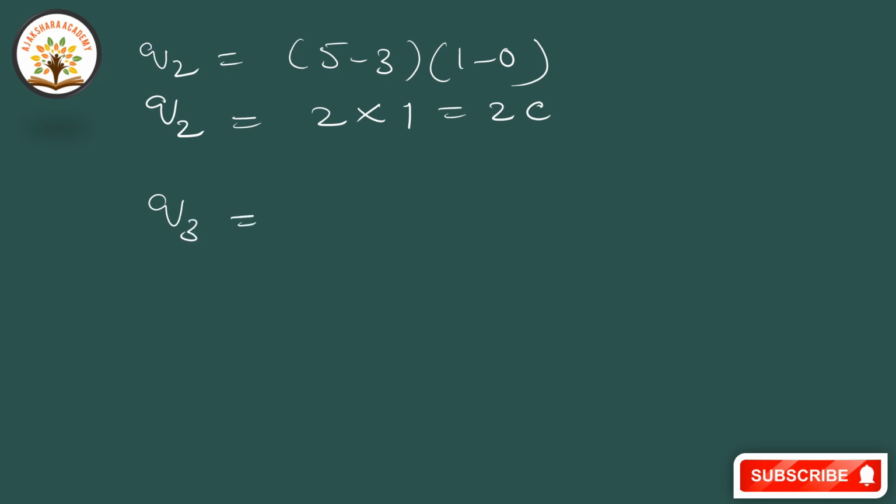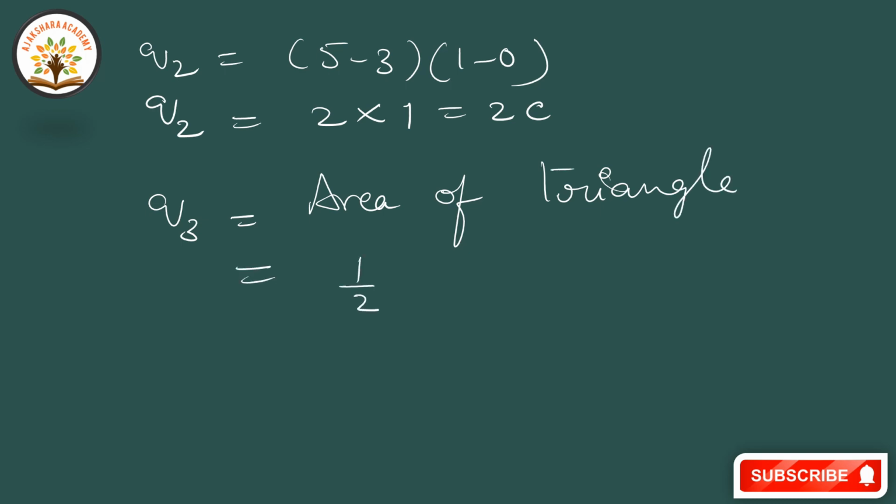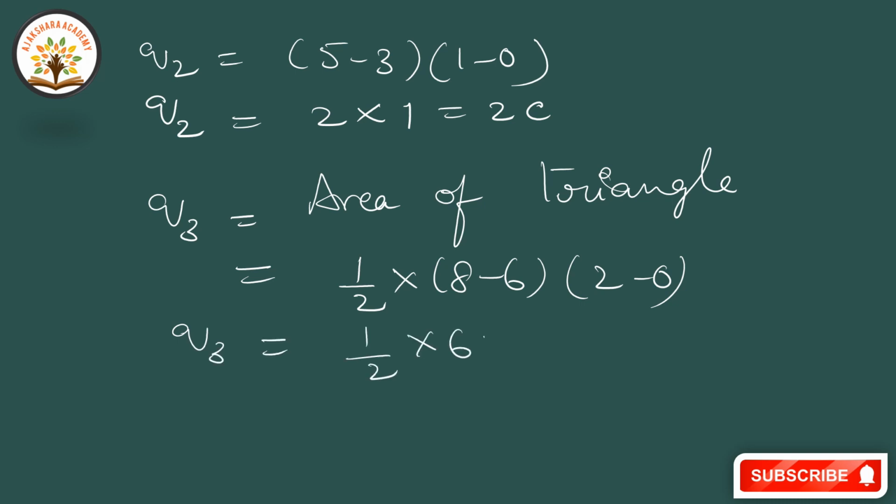And q3 is equal to area of triangle. Area of triangle is half into base into height. So that is equal to half into 8 minus 6 into 2 minus 0. So q3 is equal to half into 8 minus 6 into 2 minus 0, 2. 2 gets cancelled here.